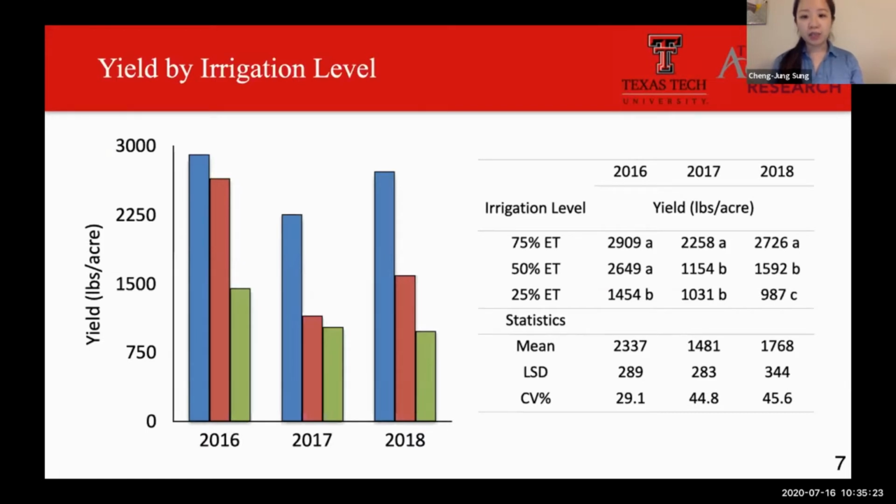And as for 2017, we see a significant difference between the high and low irrigation, but there's no significant difference from the mid and low. And for 2018, we see significant differences between each of the 2 treatments.